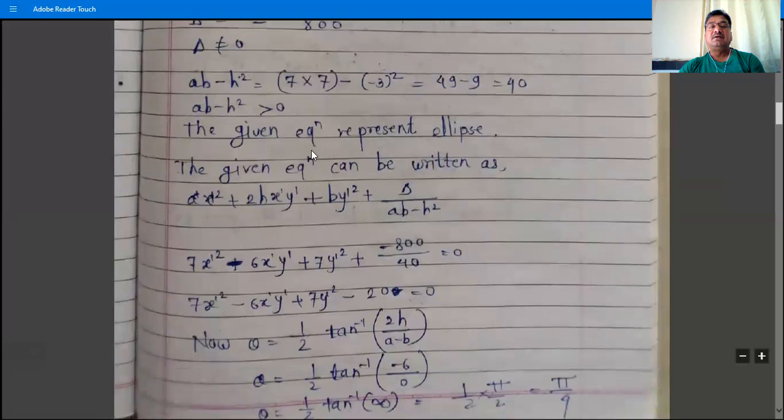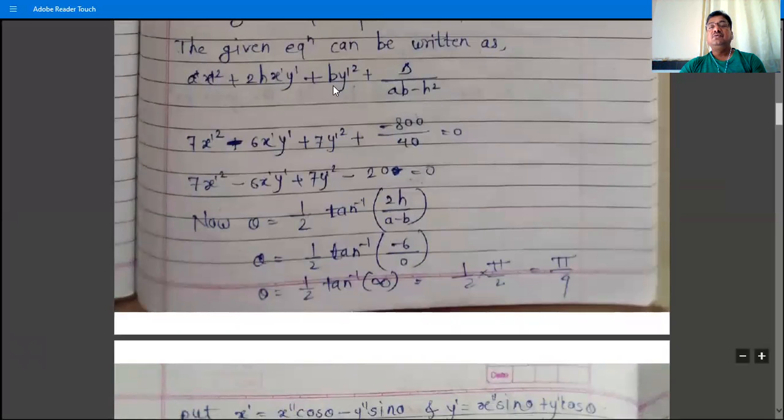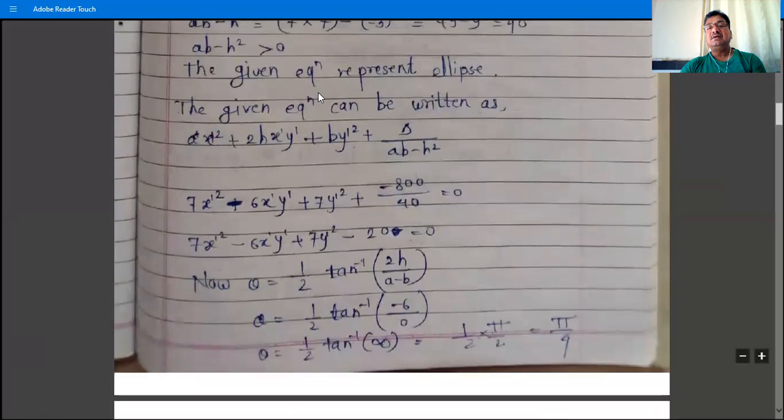After this, the given equation can be written as ax dash square plus twice hx dash y dash plus by dash square plus delta by ab minus h square is equal to 0. So this is the formula to remove the linear terms x and y from the equation.